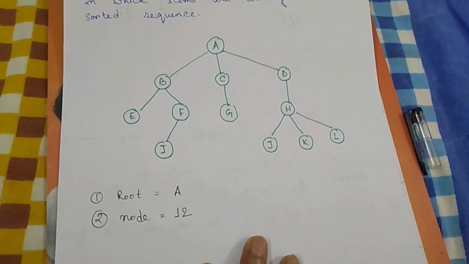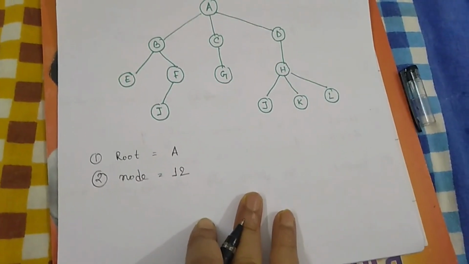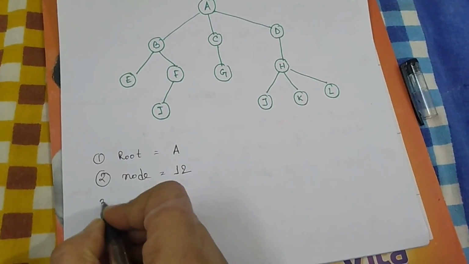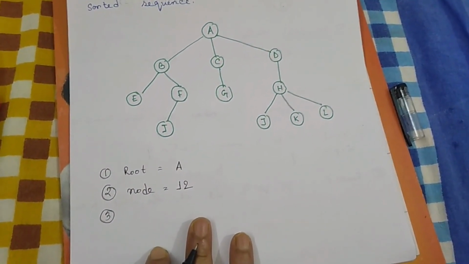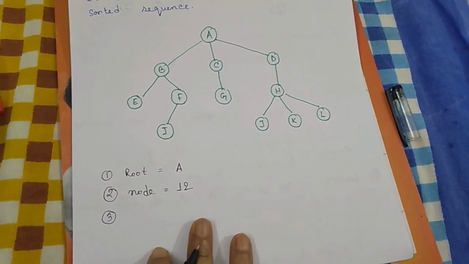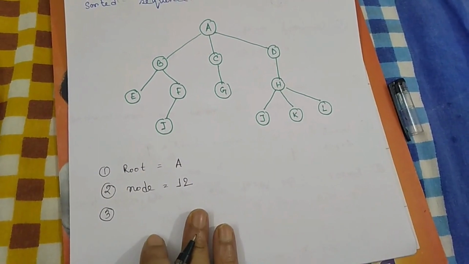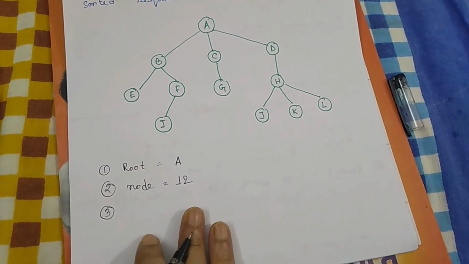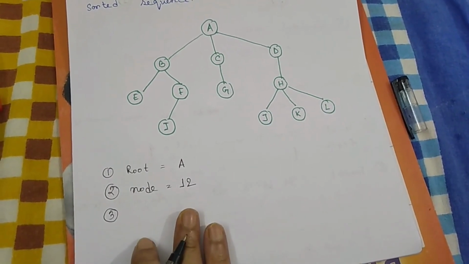Okay. Now the next concept is degree of a node. So what is the degree of a node? Basically, the number of subtrees each node holds is denoted as the degree of the node.